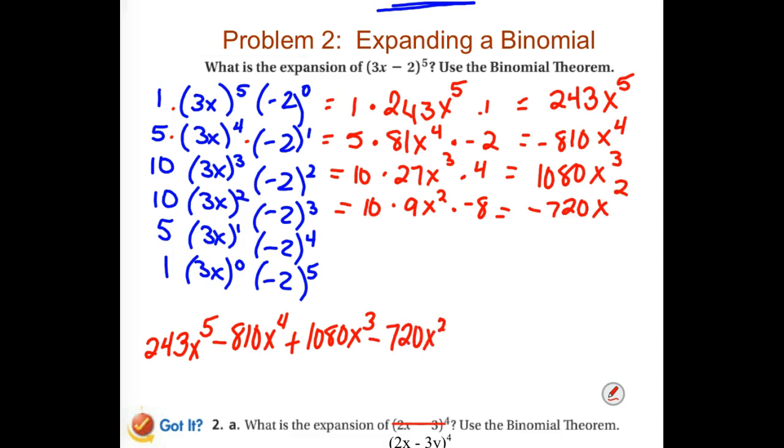Okay? Next term. I have a 5. I'm multiplying it to a 3x to the 1st, so I'm multiplying it to 3x. Then I'm multiplying it to negative 2 to the 4th. If I take a negative to a 4th power, it becomes positive. 2 to the 4th is 16. So what's 5 times 3 times 16?